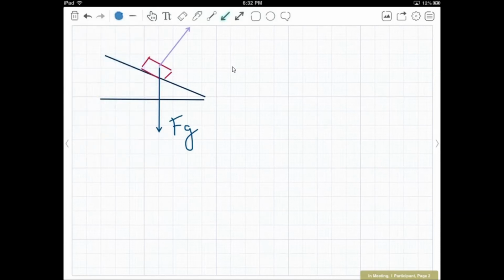If you remember our little convention, I'm not going to draw out the rules again, with objects on an incline, the force that's going to make the car slide down the track is going to be sine of theta. So this would be Fg sine theta, making the object go down the ramp.